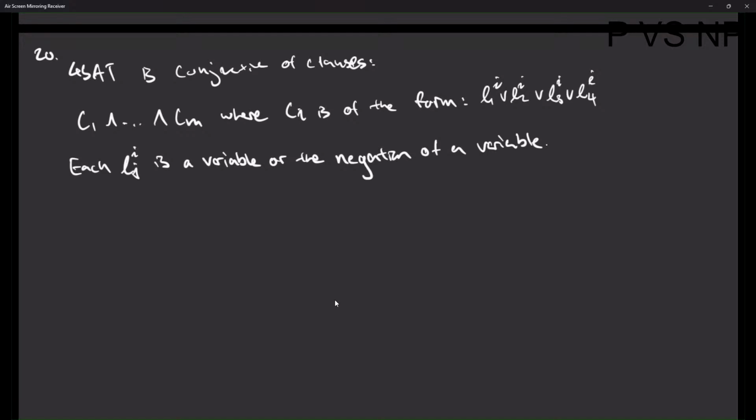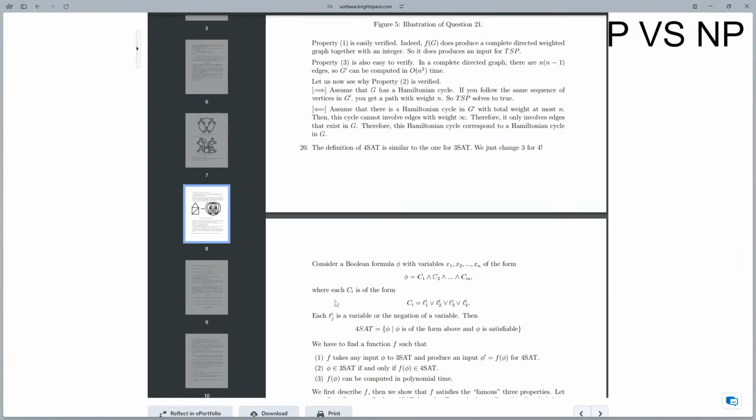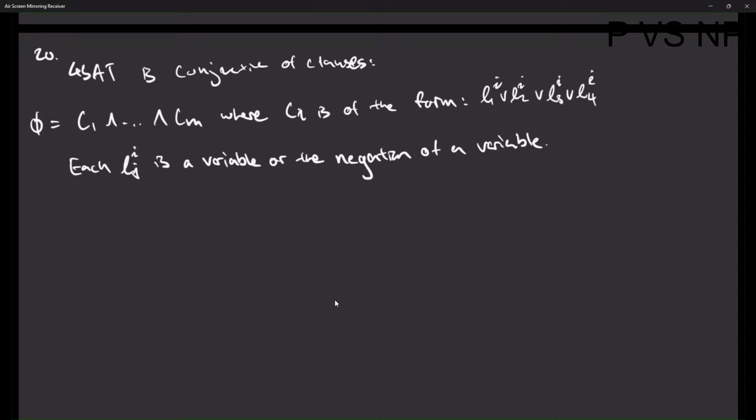And then we want to show that this 3-SAT can be polynomial-time reduced to 4-SAT. Okay, so let's mention this.